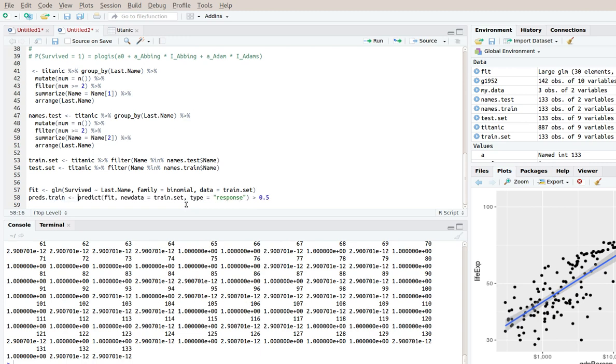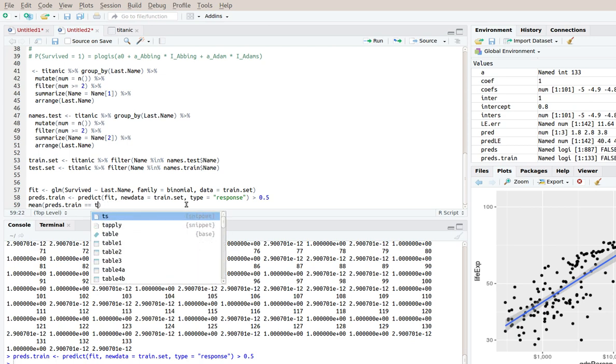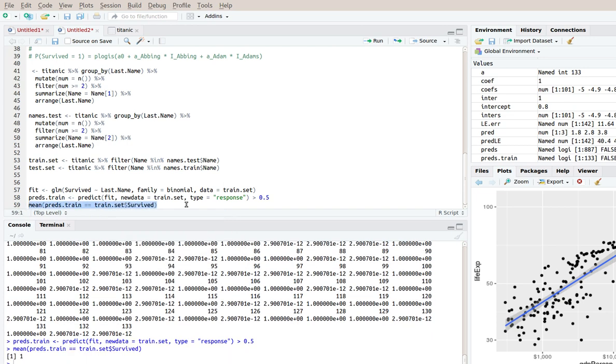Those would be the predictions for the training set. Now I can look at what the predictions for the training set are compared to what actually happened. So I'll say train set survived. And I expect a very high number, in fact 100%, because we just have one person per last name, and we know exactly whether they died or survived.